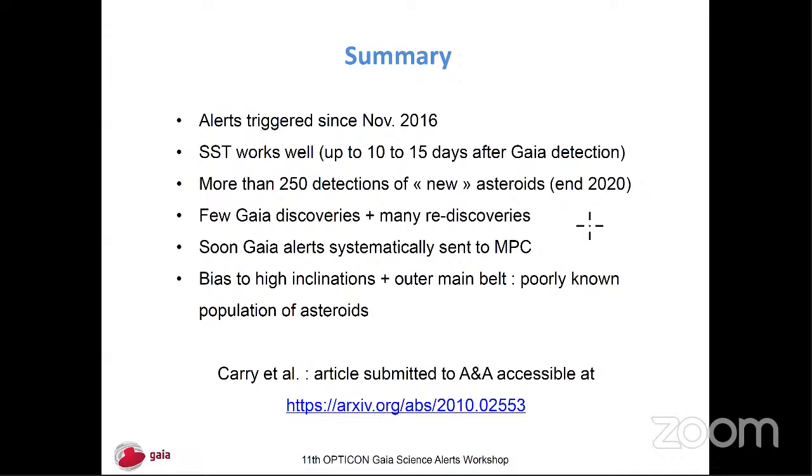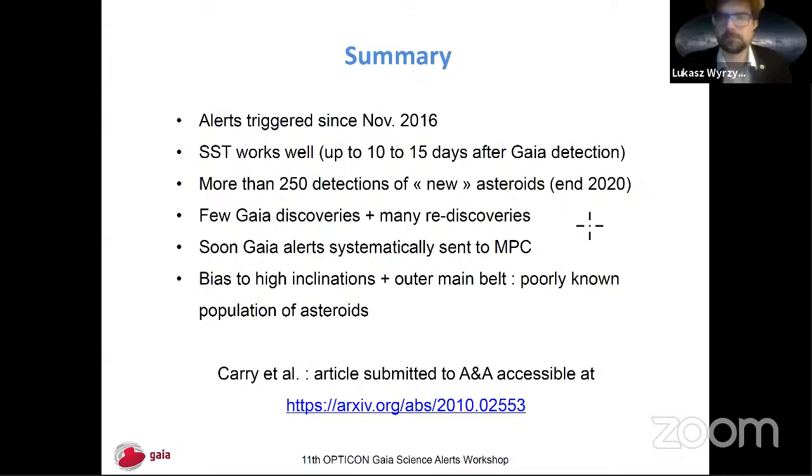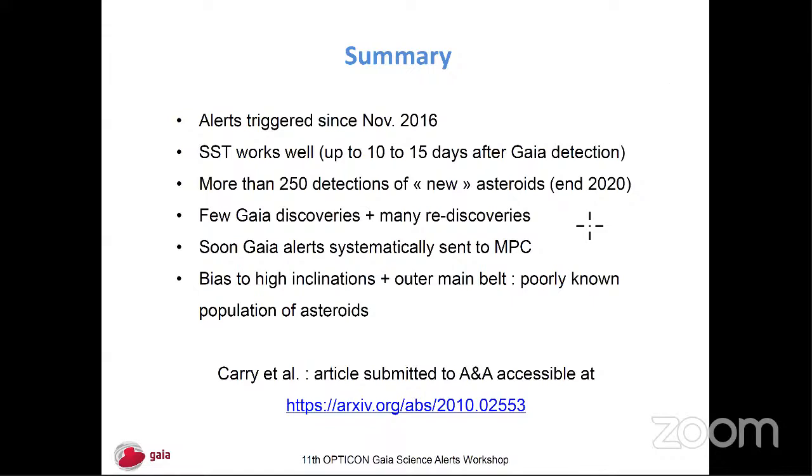We probably could not get more because the asteroids in this magnitude range are in fact relatively well known, but we show that for the high inclination and the outer main belt, our actual knowledge is poor, and we have been able to improve that.